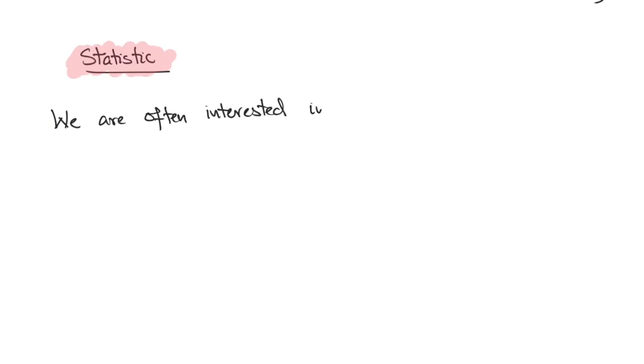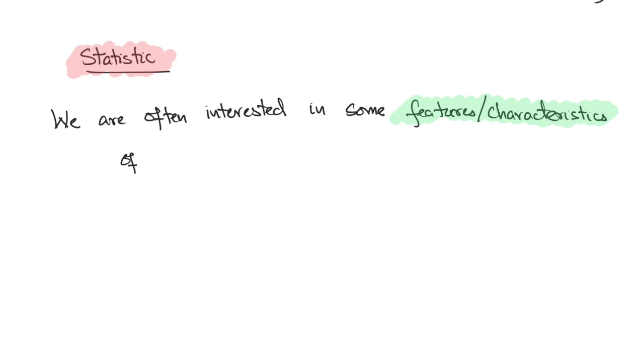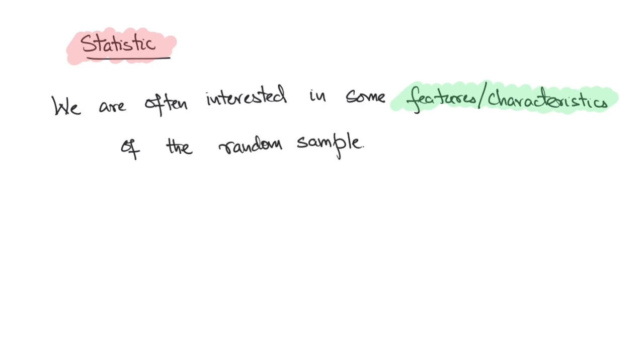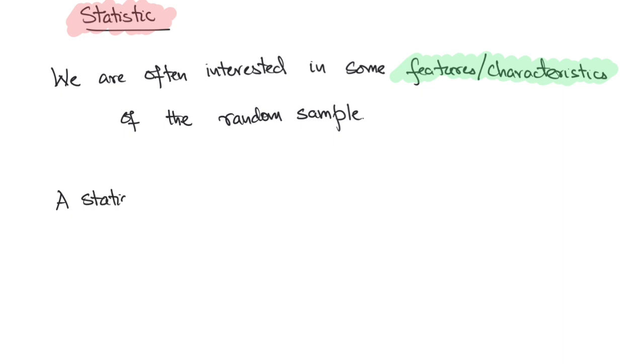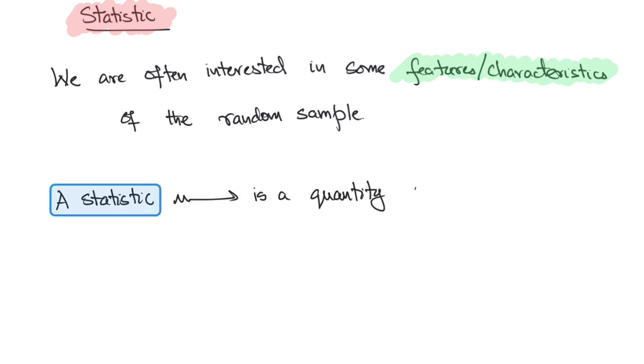So now we will use random samples to talk about statistics. We are often interested in some features or characteristics of the random sample as opposed to elements of the random sample itself. A statistic is a quantity that is calculated using a random sample.